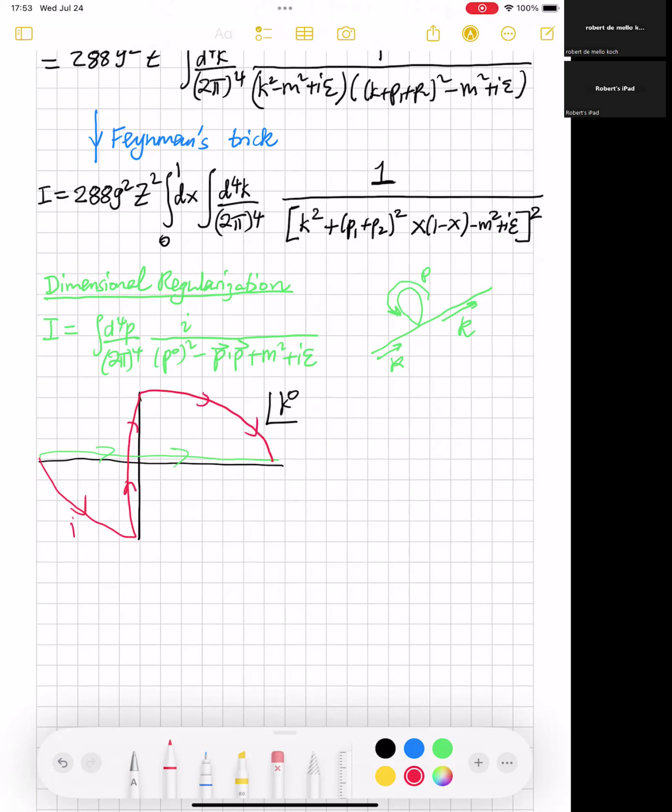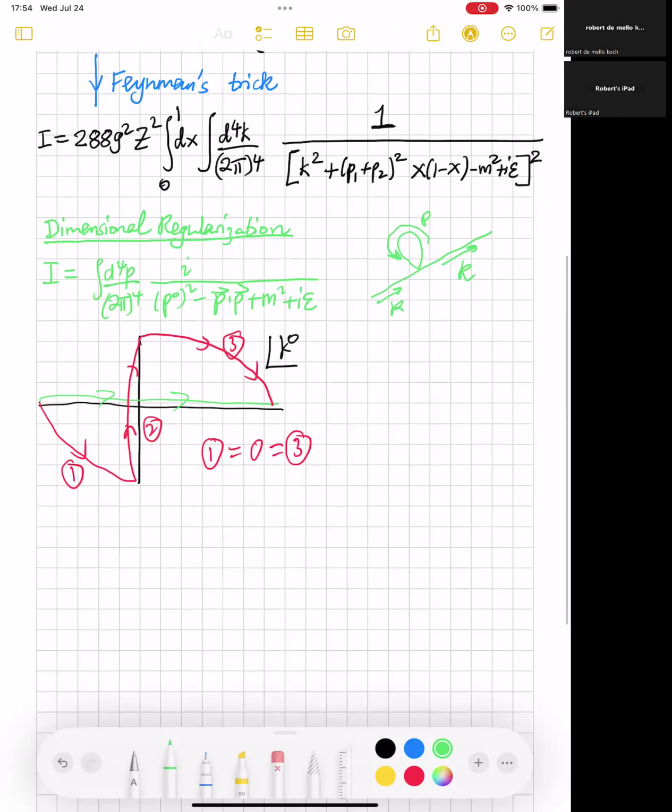And then we could again split it into 3 contributions. You can again verify that the contribution from portion 1 of the contour vanishes, as does the contribution from portion 3. And then, in fact, what you would be left with is just the integral from portion 2.